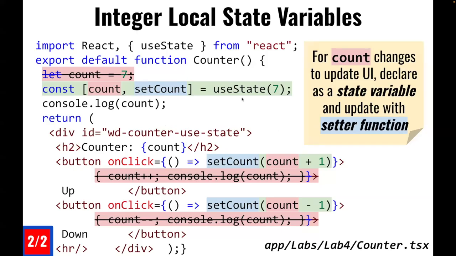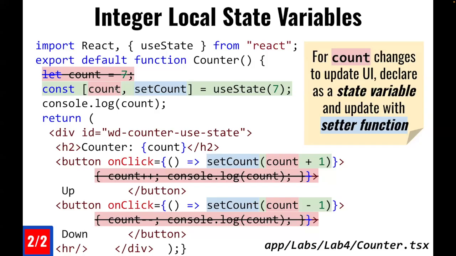No, it's not changing. What happens is that when we call set count, we're telling the useState to change and compute a new value for count. And this will return a new array, and this will be assigned a new value. Whatever new value you told us to set, that will be the new value that this will get.